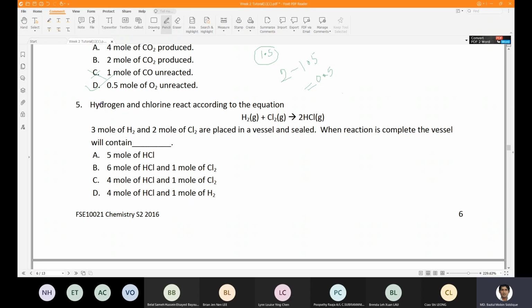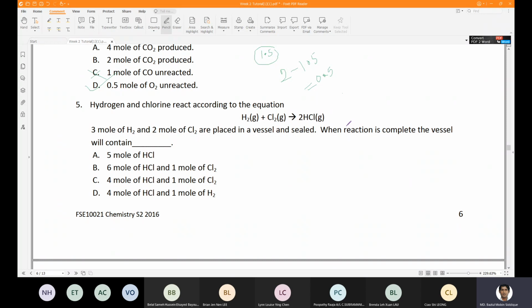Question number 5 says that hydrogen and chlorine react according to the equation: hydrogen gas plus chlorine gas produces 2 hydrogen chloride gas. So 3 moles of hydrogen and 2 moles of chlorine are placed in a vessel and sealed.